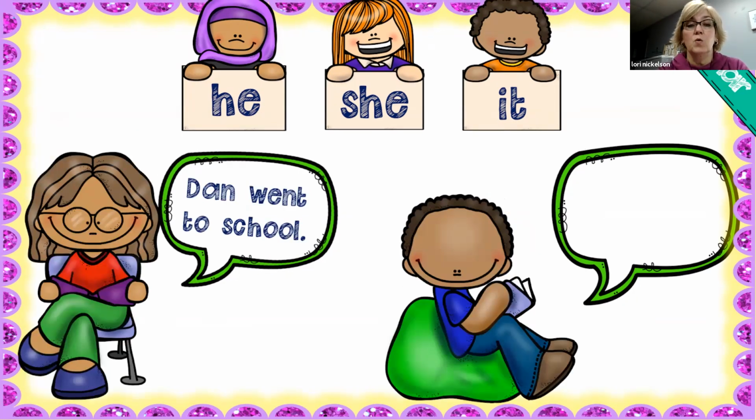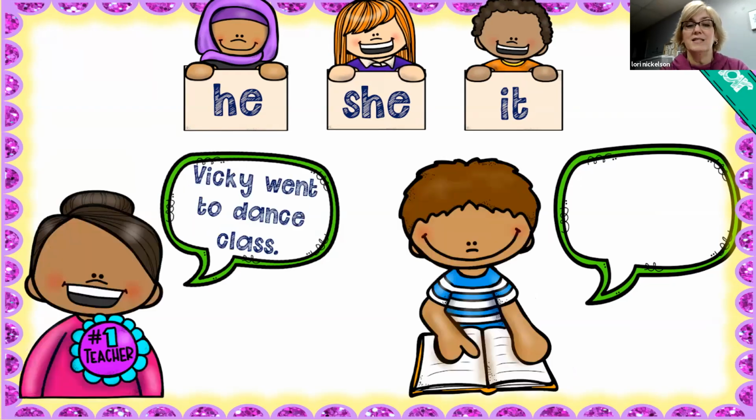Dan went to school. Now, how would you write a sentence there? Why don't you write it on your whiteboard? What pronoun would you use? Oh, that was a good choice. I bet you used the word he, didn't you? And I bet you came up with a wonderful sentence to put in that speech bubble. Vicky went to dance class.